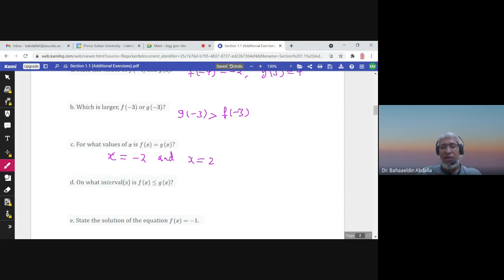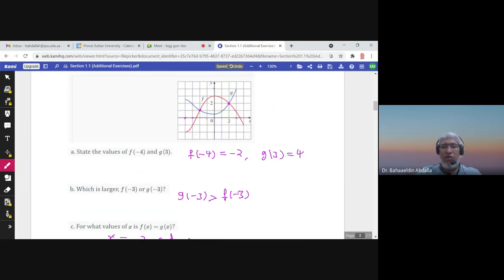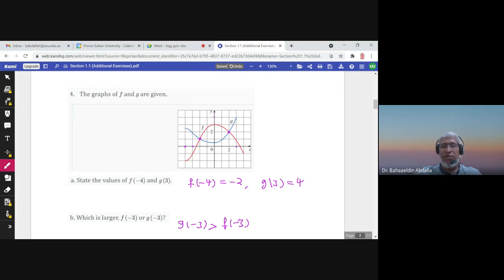On what intervals is f of x less than or equal to g of x? Well, f less than g, f is the red one, it is below g, g is the blue one. So in this part, g is greater than f.